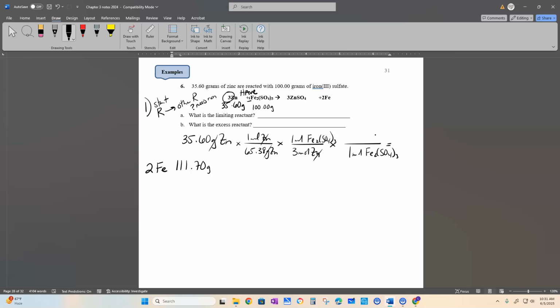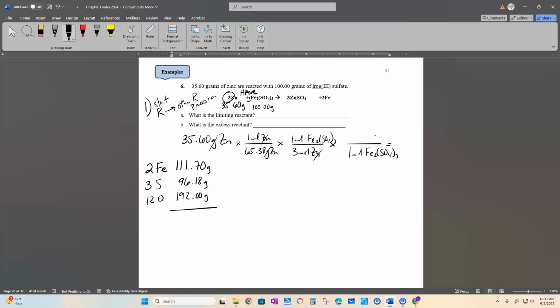For sulfur, I have 3 sulfurs. So 32.06 times 3, so I get 96.18. And then oxygen, it looks like I have 12 oxygens, so 16 times 12. Now on the calculator, ladies and gentlemen, it says 192, but you need those sig figs.